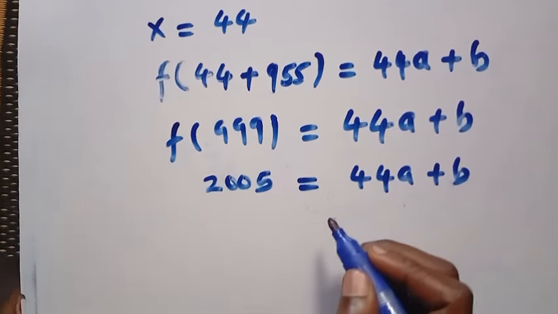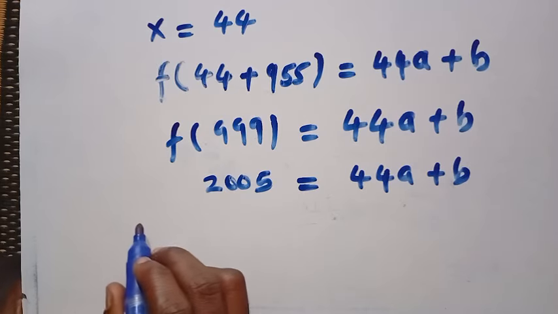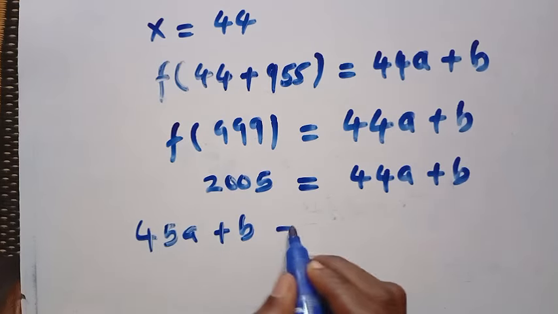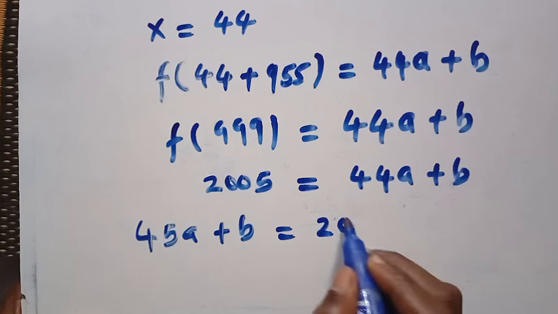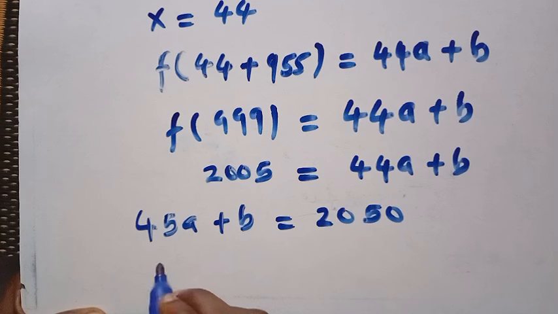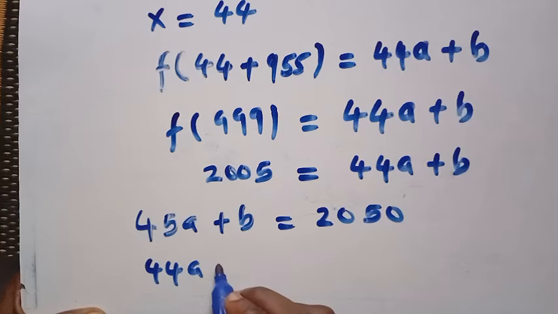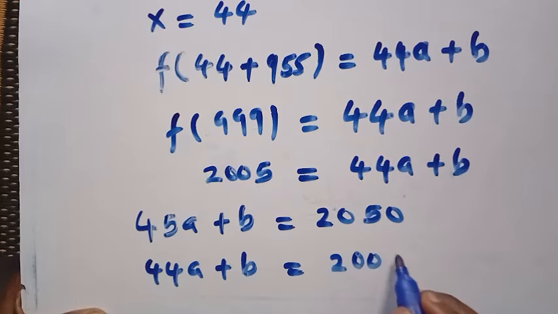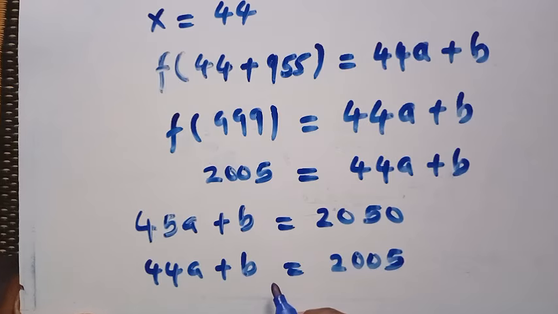So we have two different equations. Equation 1 is 45a plus b equals 2050. And the second equation is given as 44a plus b equals 2005. So here is a system of simultaneous equations.